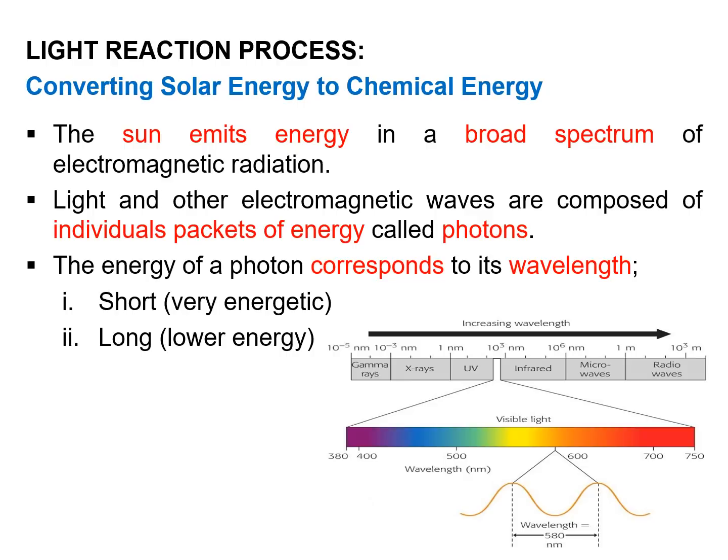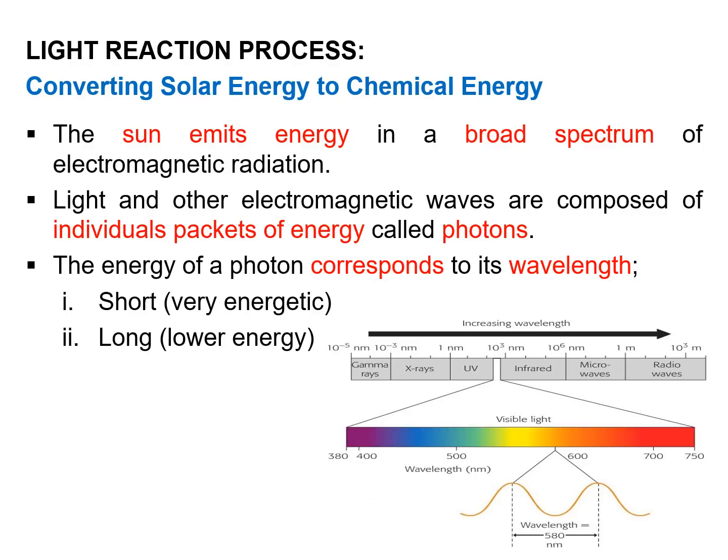This form of energy in a broad spectrum will be captured by the chloroplast, especially the thylakoid membrane, in order to perform the light reaction process followed by the Calvin cycle to produce food in the form of sugar.